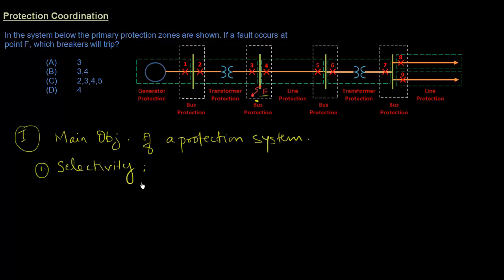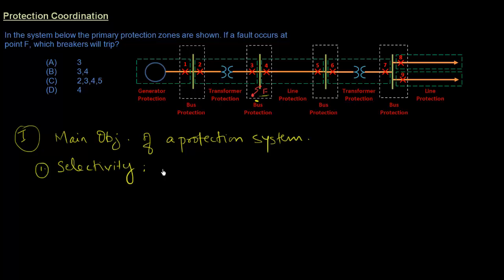So selectivity is basically the ability of a protection system to not only detect but operate only for the faulty part of the circuit and not for the remaining part of the circuit. So if there's a fault in the generator or there's a fault in the transformer, you just want the protection for the transformer to operate, not the one for the generator to operate as well.